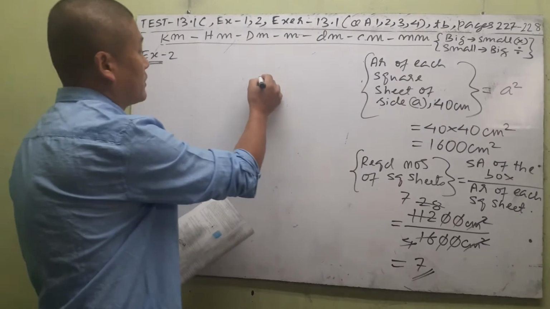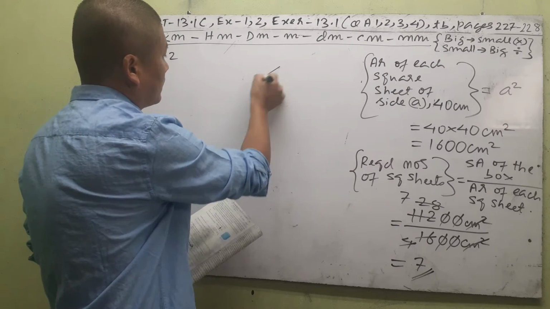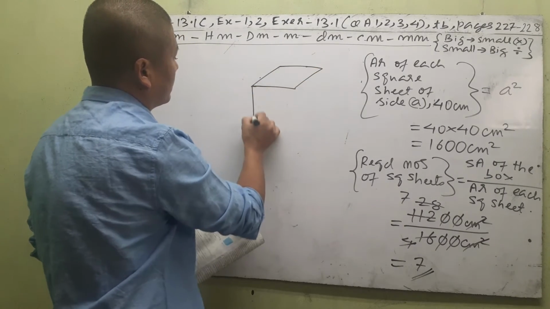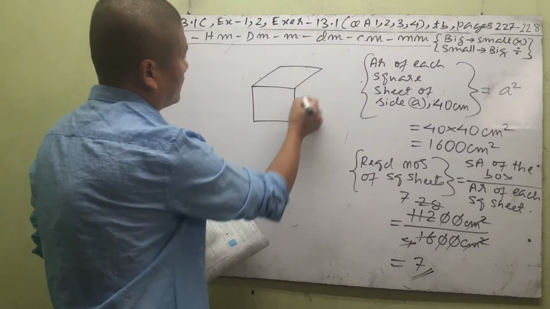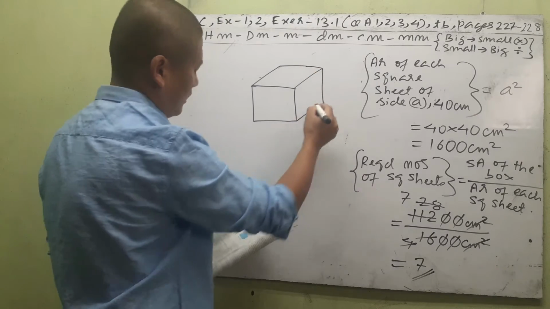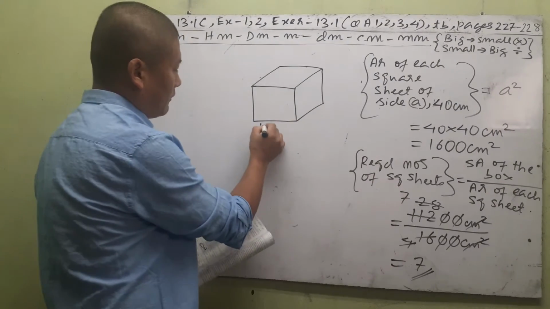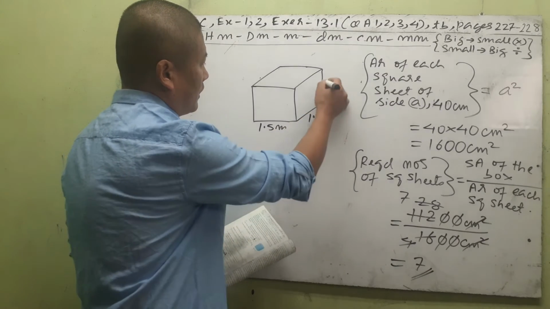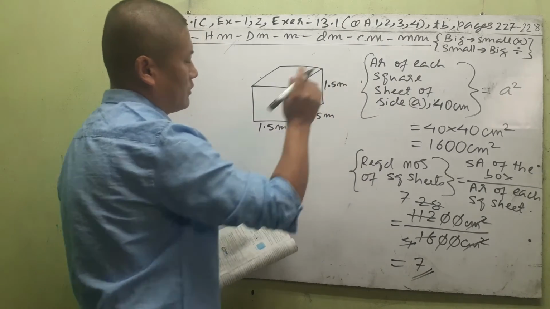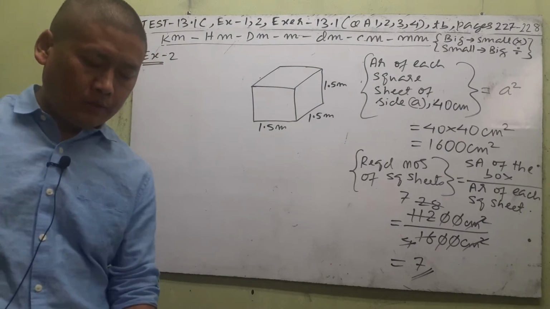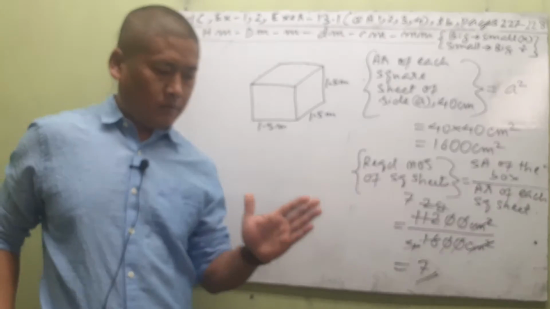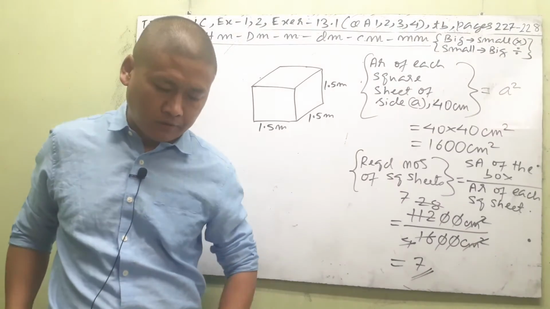So cubical means cube only. So something like this, kind of a tank, closed from the top here. Cube means all the edges are same or equal. So 1.5 meter long means the breadth also 1.5 meter long, height also 1.5. That's the meaning of a cube, as we did in the first class. Cube is a cuboid where L equal to B equal to H, right?